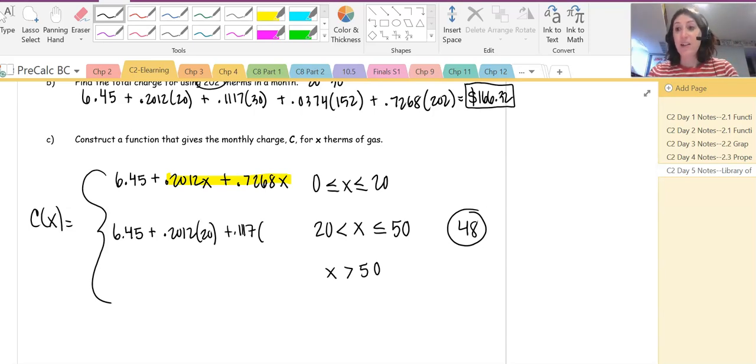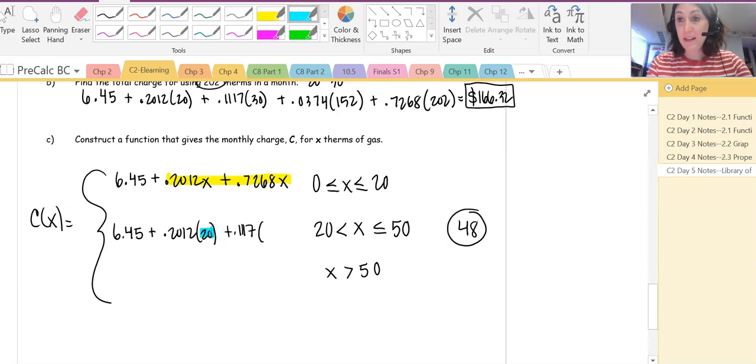But that is not correct because X is representing your total number of therms. Think about it. You already paid for some of your therms. How many did you pay for? You paid for 20 of them already, right? So the amount that you still need to pay for is X minus 20. All right?